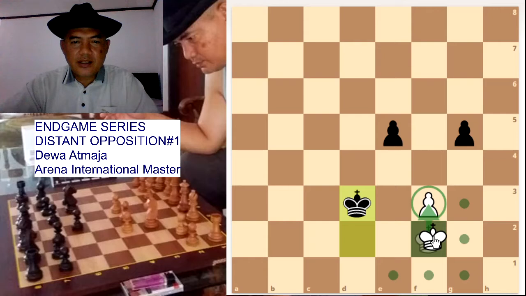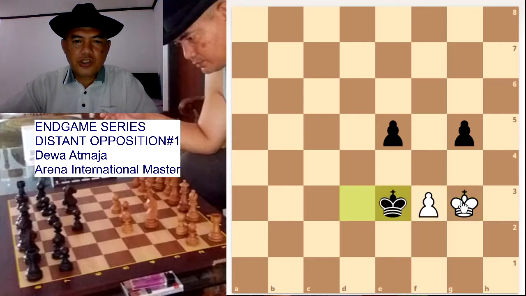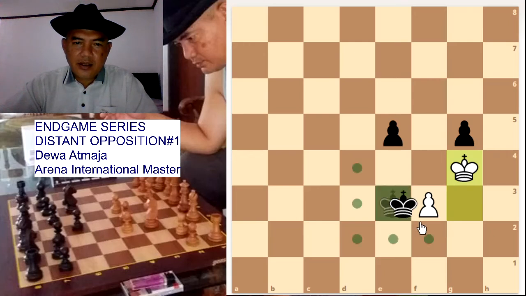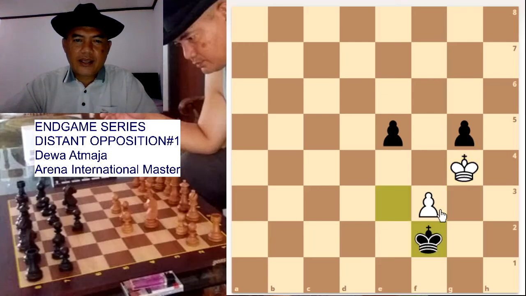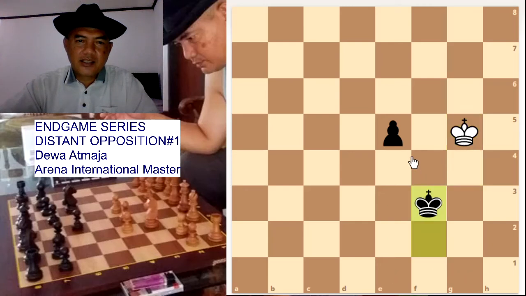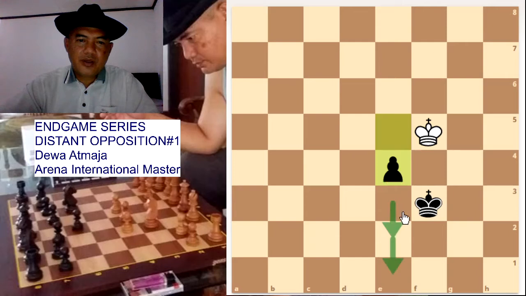Then if he tries to move here, black has the opposition and tries to outflank white, and if he takes, black takes, and then the pawn will be moved to the promotion square to queen.